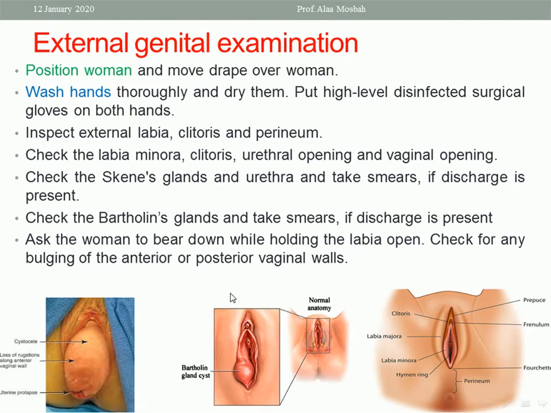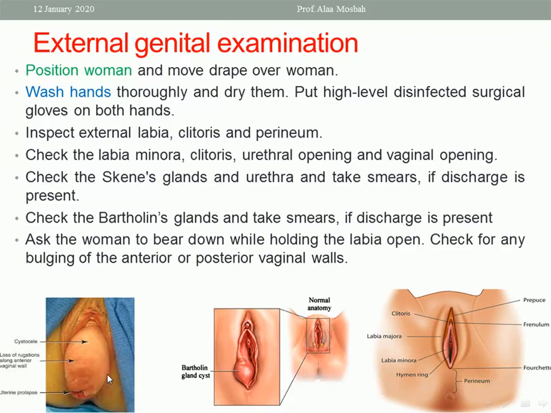Ask the woman to bear down while holding the labia open. You can check for any bulging mass, as in cystorectocele, as here in this picture, cystocele and uterine descent, which after bearing down will protrude through the introitus.